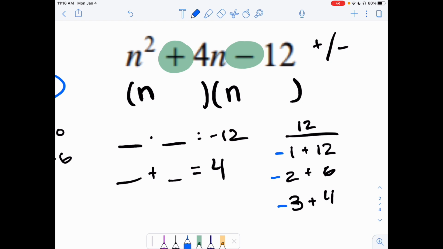Let's go ahead and add these together and see which one gives us a positive 4. This gives us an 11, 4, and 1. Looks like our magic pair is the numbers -2 and 6. So when I factor my trinomial, my binomials should be n minus 2 and n plus 6.